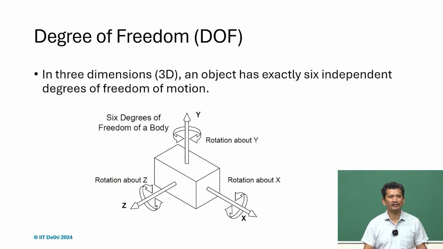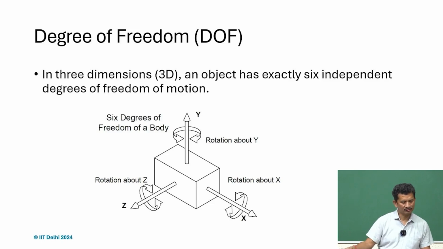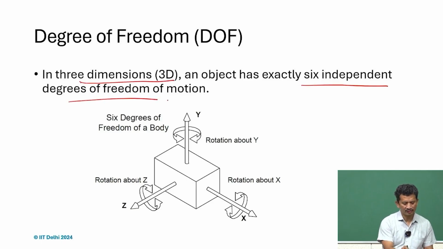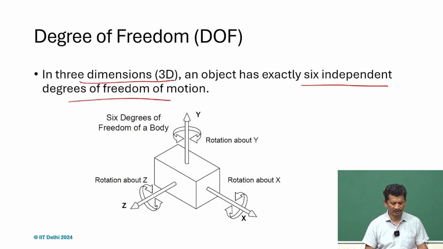So, as we discussed earlier, in 3 dimensions any object has 6 independent degrees of freedom. I think it should be very clear by now.